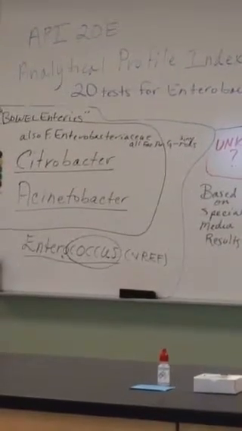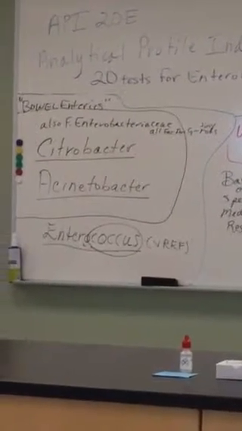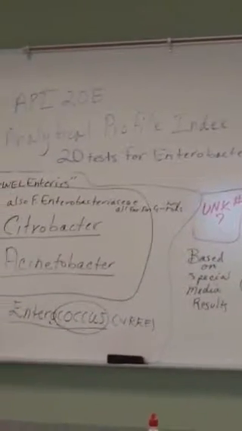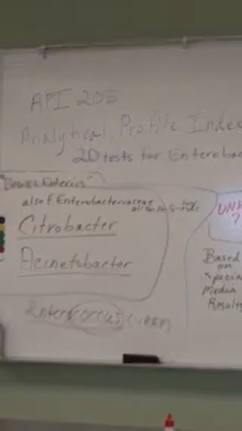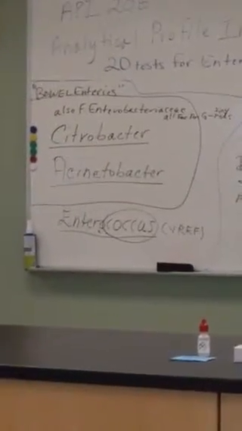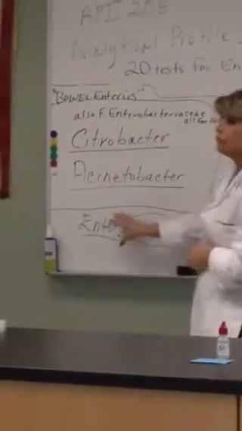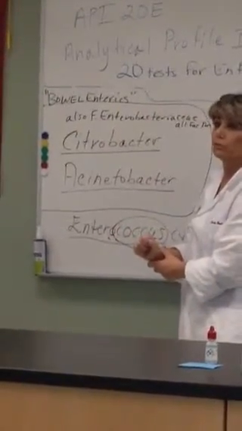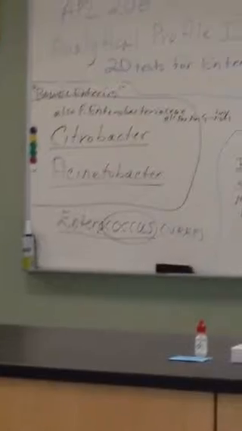So what again, Enterococcus is the gram-positive cocci, division 2, section, what is it, 12 or something like that? It's a totally different division, totally different section, but they both occur in poop. That's why it's got entero in front of the name.